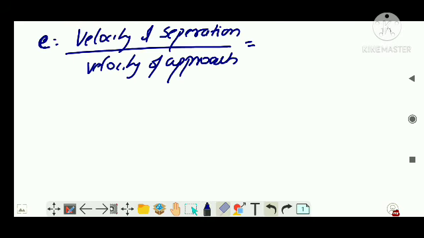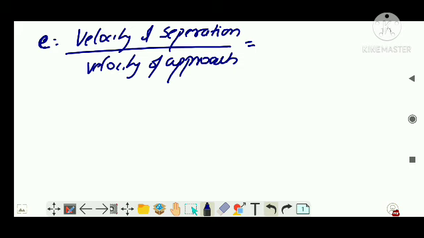There is another format for writing velocity of separation by velocity of approach. See guys, don't worry, if possible I will try to dig deeper, but I don't think you need that much deep knowledge of the coefficient of restitution. We'll do those sections where the practical application of e comes up in questions.